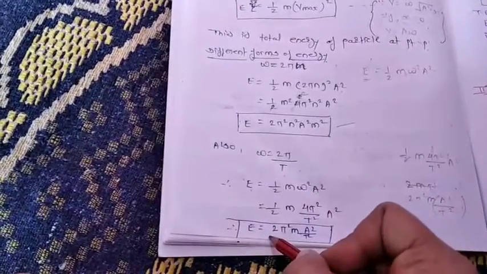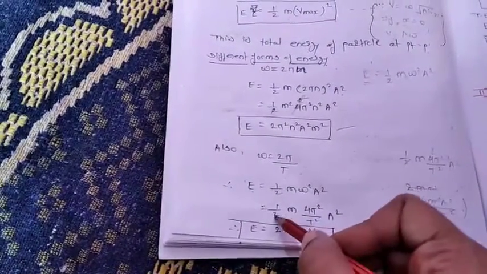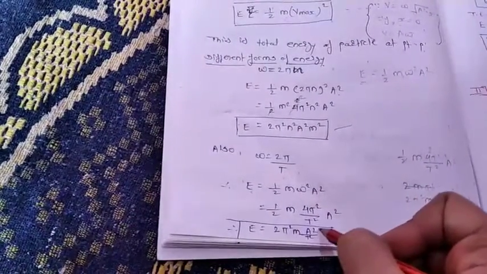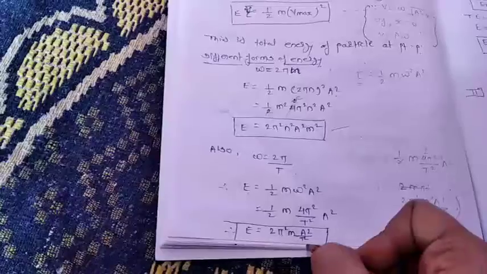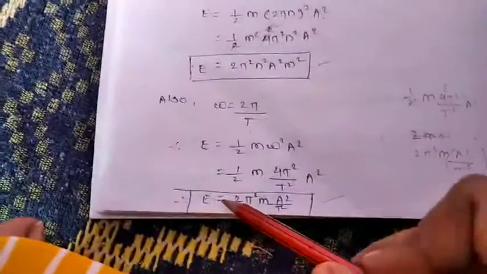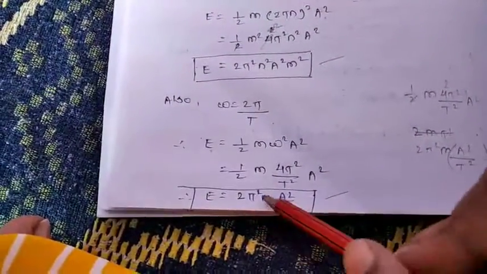So E is equal to, 4 divided by 2 is 2, so it is 2 pi square m a square by T square. This is the second formula. This is the other form of total energy, that is E is equal to 2 pi square m a square by T square.